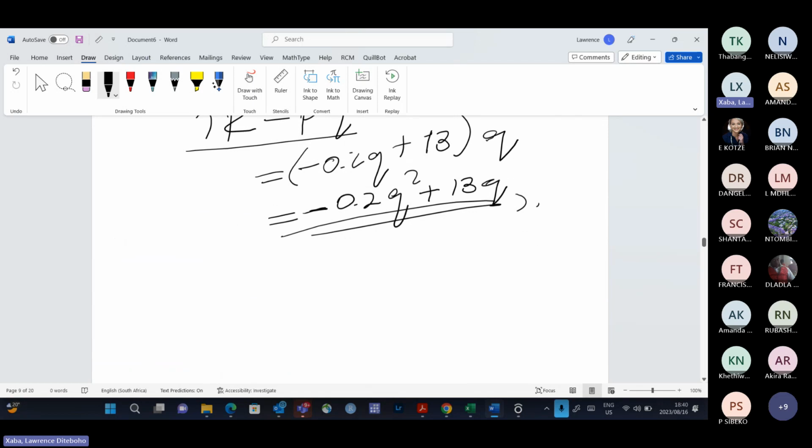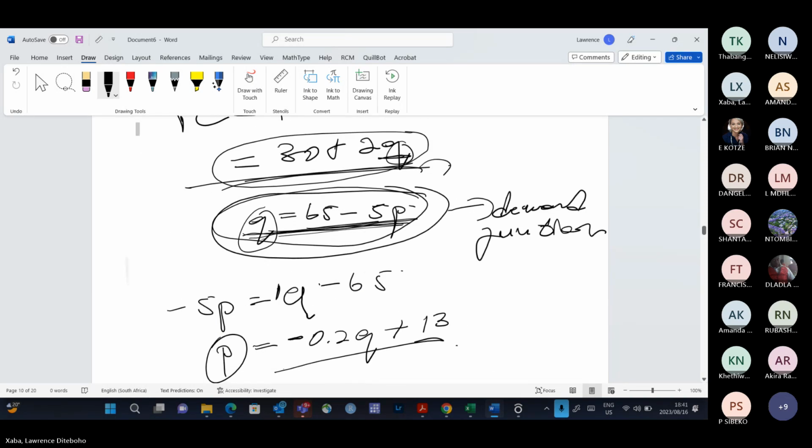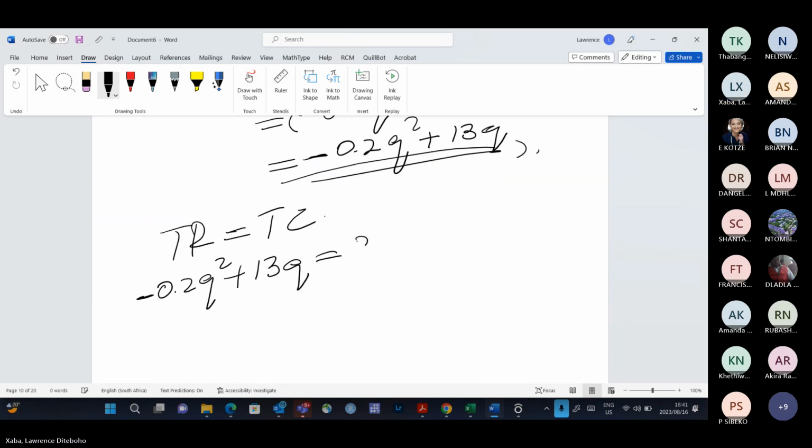Now we say total revenue equals total cost, where negative 0.2Q squared plus 13Q equals 30 plus 2Q. So what do we do now?